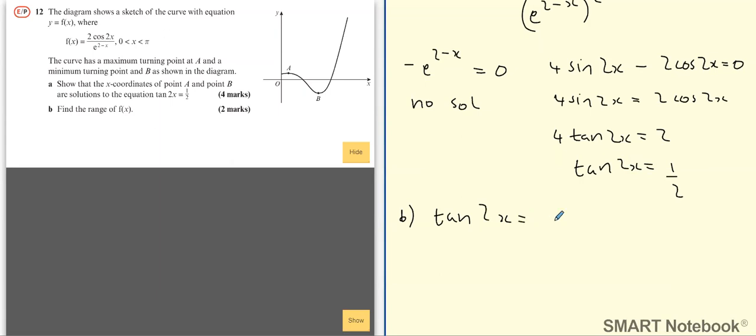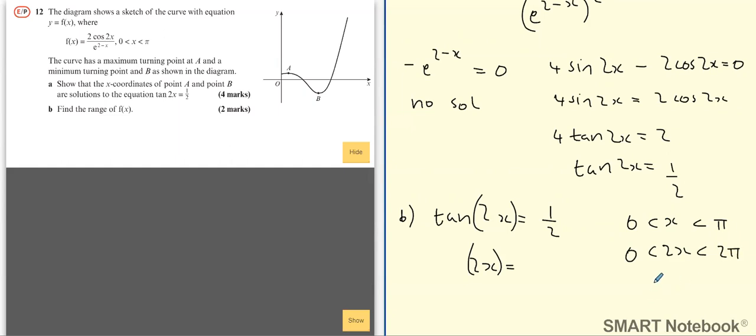So tan 2x equals a half. Even if you couldn't do part A, you should still have had a go at part B, because then I can work out my 2x values that are going to be in this range. Actually, you should say the x range is between 0 and pi. 2x, because this is now 2x, the range is going to be between, if I multiply both of those by 2, 0 and 2 pi.